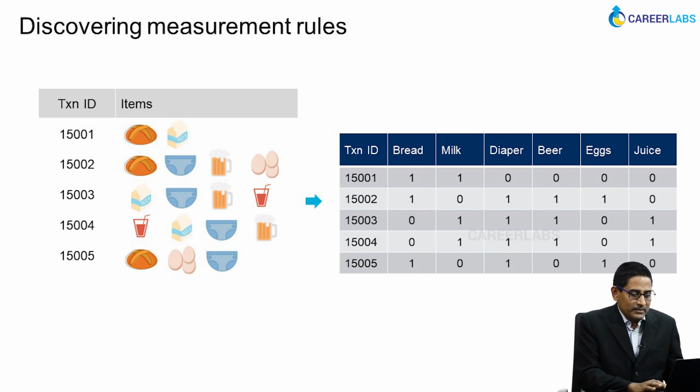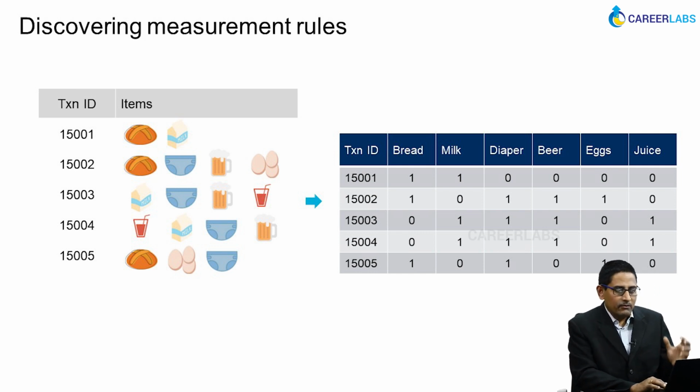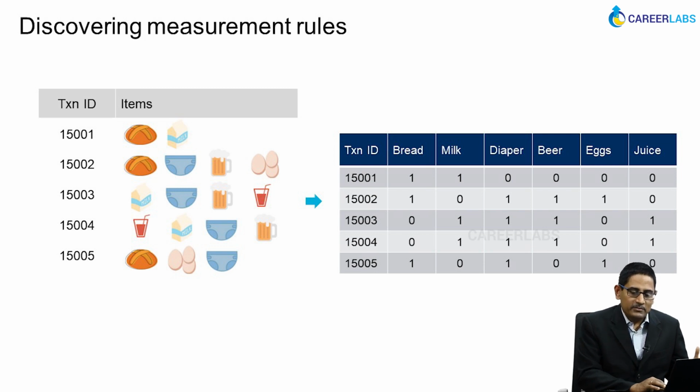We list down all the items that are possible. So here there are 6 unique items that you see, and for each of the transaction IDs, wherever it exists, we replace it as 1, else it is 0. So as you could see on 15001 as a transaction ID, you have bread as 1, milk as 1, rest all are 0 because we just have these 2 items. So first we have to convert this point of sale transaction to a binary matrix format.